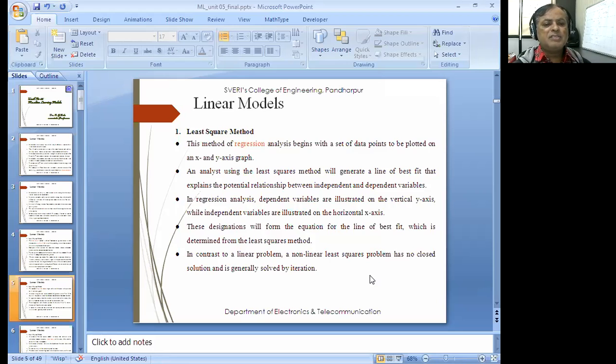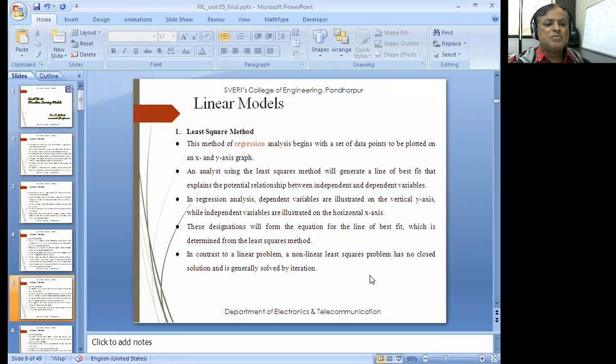In regression analysis, dependent variables are illustrated on the vertical y-axis, while independent variables are illustrated on the horizontal x-axis. So when we do an analysis to find out the relationships between independent and dependent variables, we plot the dependent variables on the y-axis, whereas independent variables on the x-axis.